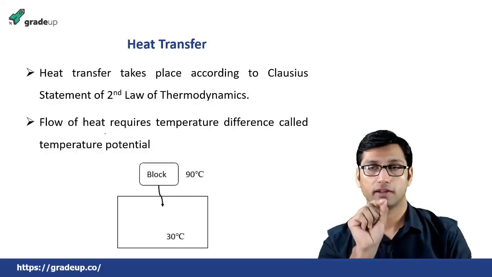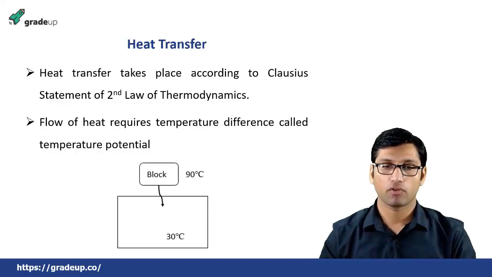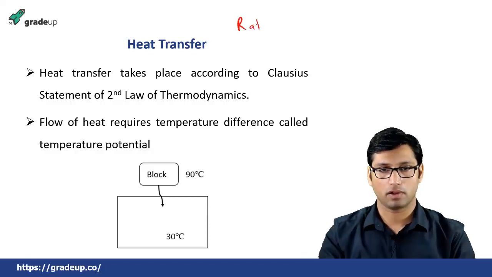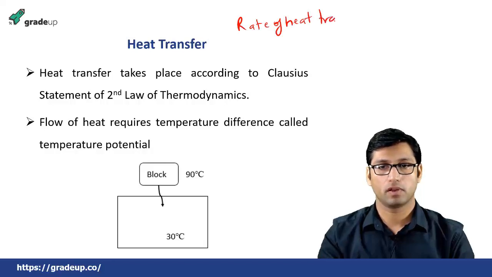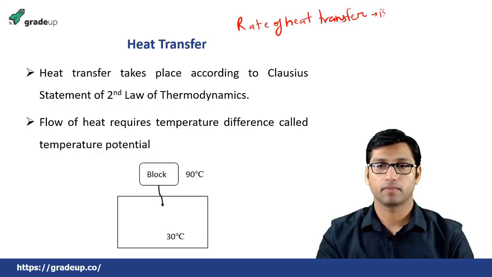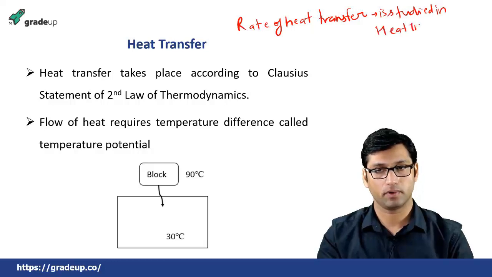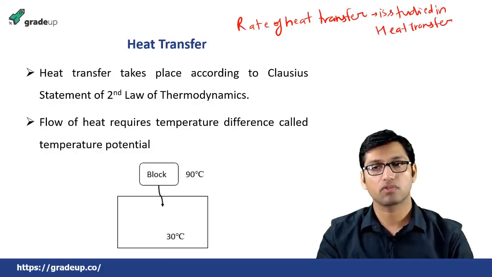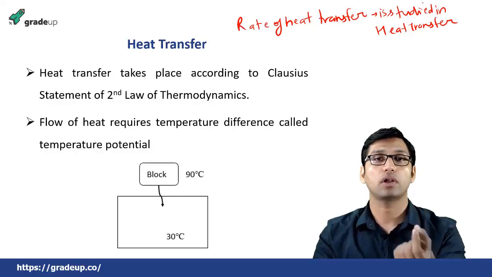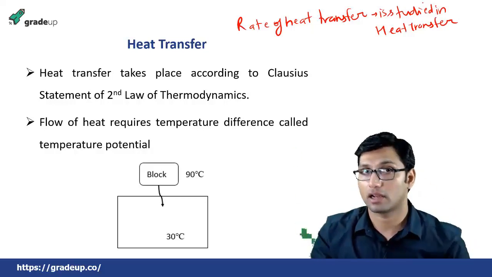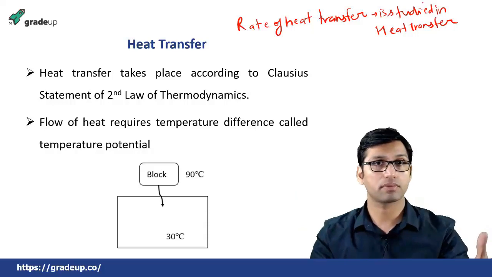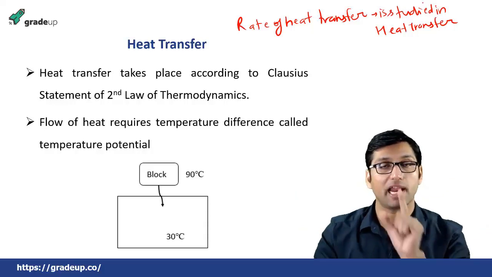So my friend, rate of heat transfer is studied in the heat transfer subject. Thermodynamics only studies how heat is getting transferred from one equilibrium state to another, but not at what rate.